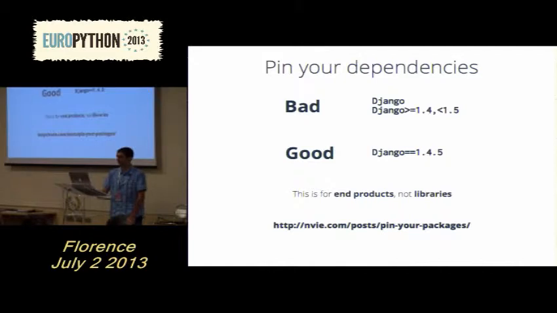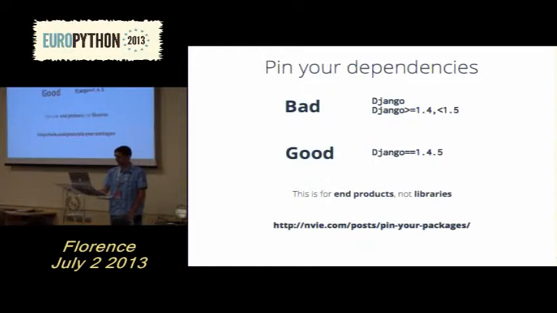One note about requirements. It's very, very important that you pin your dependencies to specific versions. So we're talking about end products, not libraries. So when you're developing with a specific version of Django or Flask, not like Django between 1.4 and 1.5.